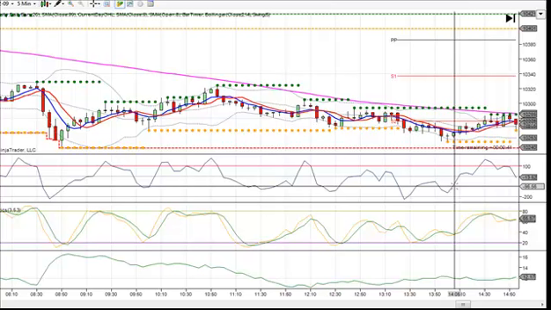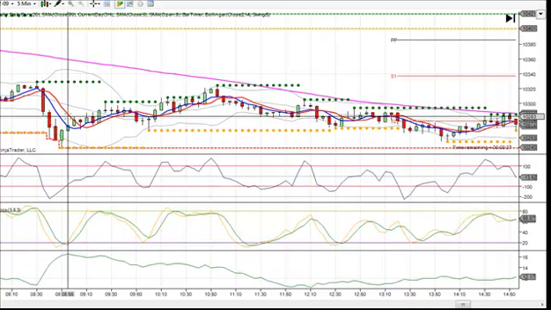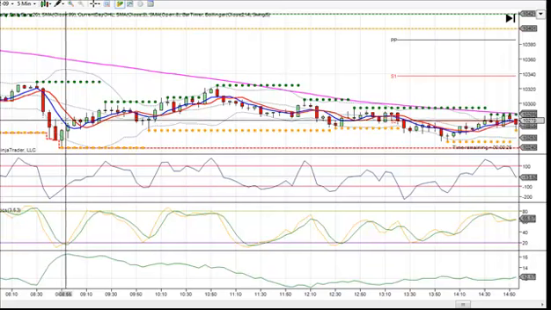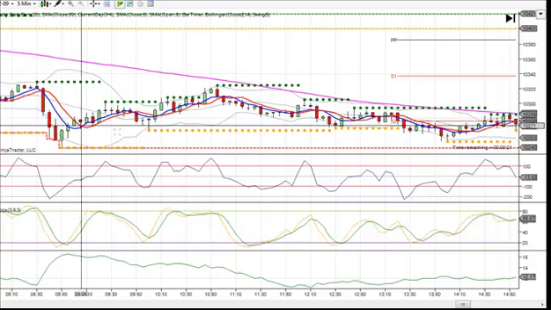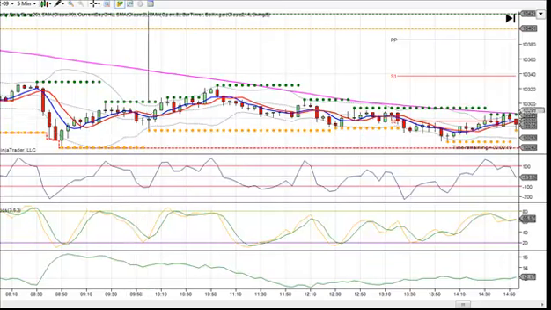But again, the behavior of the market all day didn't really lead me to think that anything great was going to happen. So I didn't pursue anything too good there. Again, these are my two little indicators, my 5 and 6 period moving averages. I've got my Bollinger Band there always.